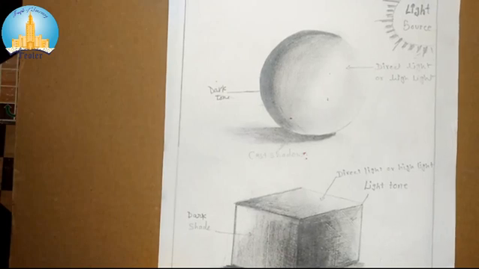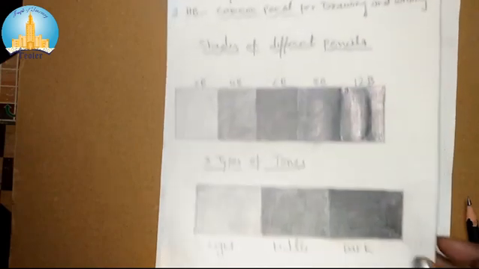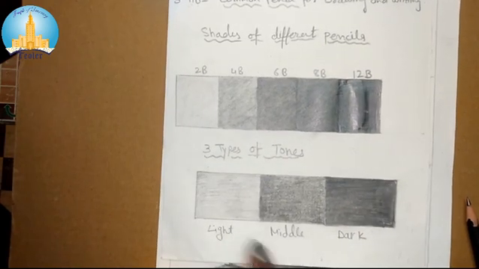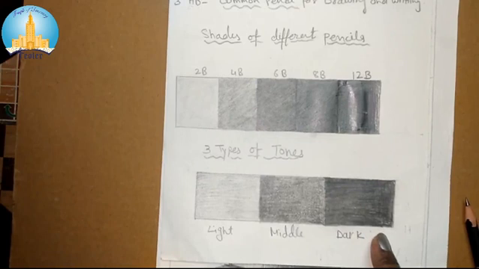Okay, so now come, if we talk about the shades or tones, I have already explained: light, middle and dark. Can you see the difference in these three shades and tones? Yes, light is light, middle is semi dark and dark is absolute dark.